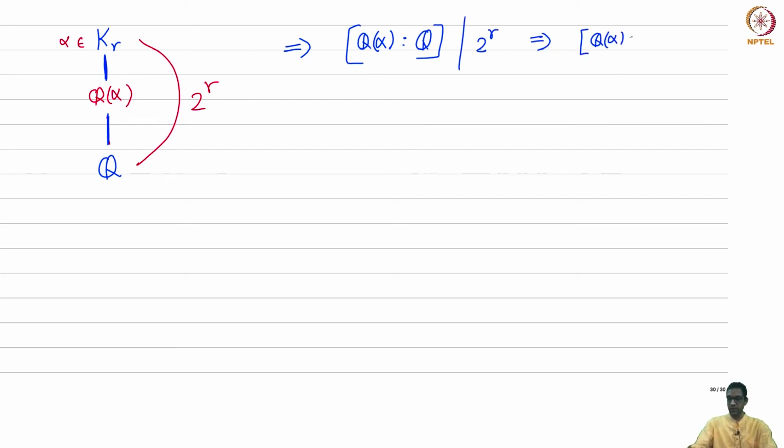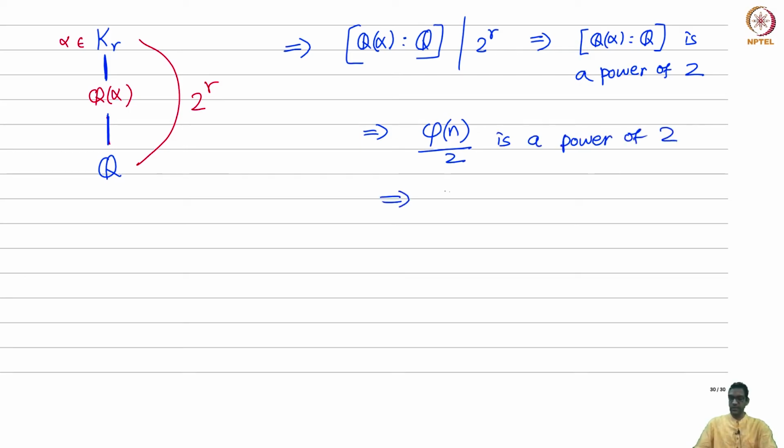Okay, so the degree of Q(alpha) over Q is therefore a power of 2. Okay, and we have already said it is just phi(n)/2. So this is a power of 2, means that phi(n) is a power of 2. Okay, that's exactly what we wanted to prove. Phi(n) is a power of 2. Okay, so one direction is proved.